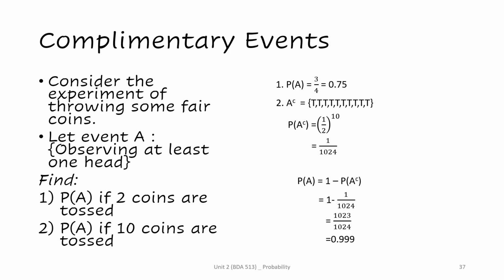If we didn't do it this way, we'd have the probability of 1 head and 9 tails, 2 heads and 8 tails, 3 heads and 7 tails, and calculate the probability. It's going to take about three sheets to do that.